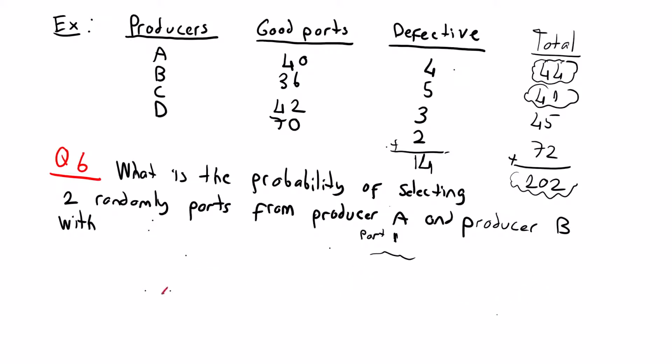This time, we are looking for the probability of selecting two random parts from producer A and producer B with no replacement.